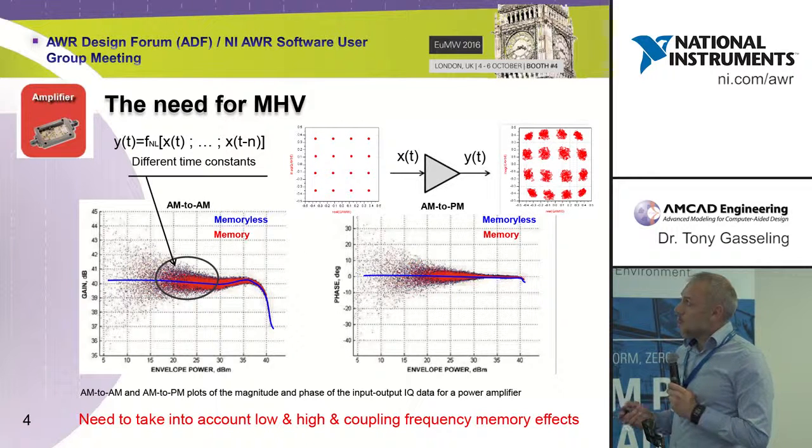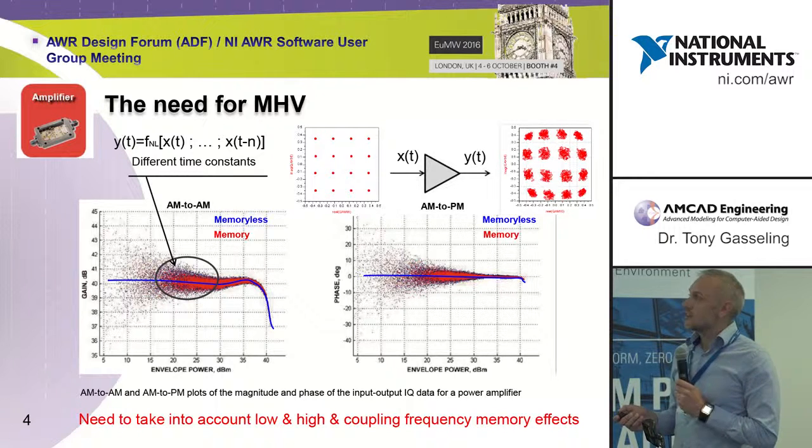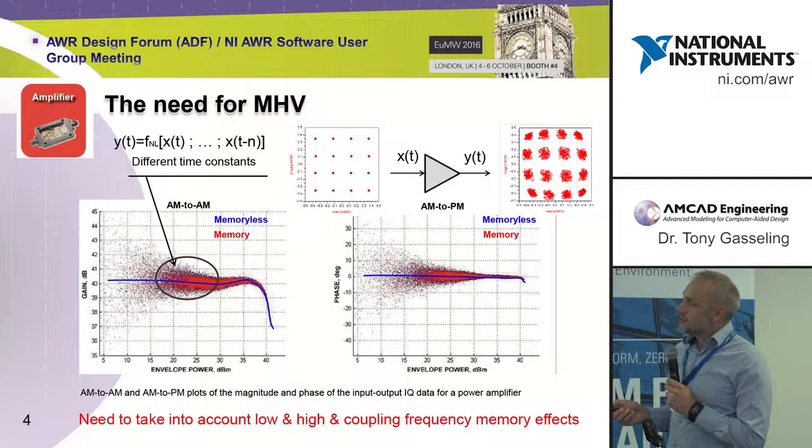So why are we calling this memory effect? If we are dealing with a memoryless circuit, and we look at the gain characteristic versus the input power, we have an instantaneous response. That is to say, for one power level, we will have a given gain and not several values.